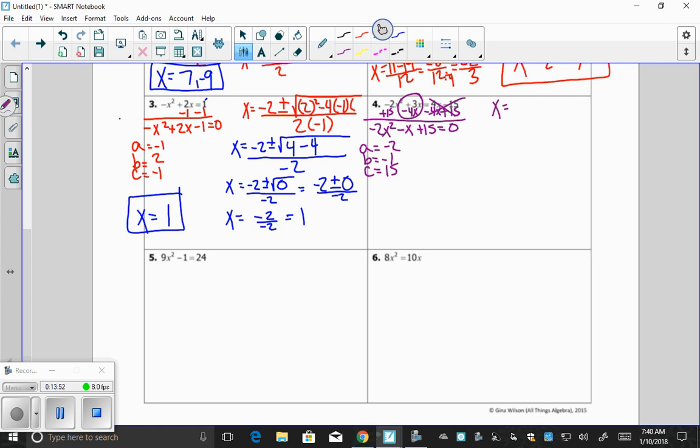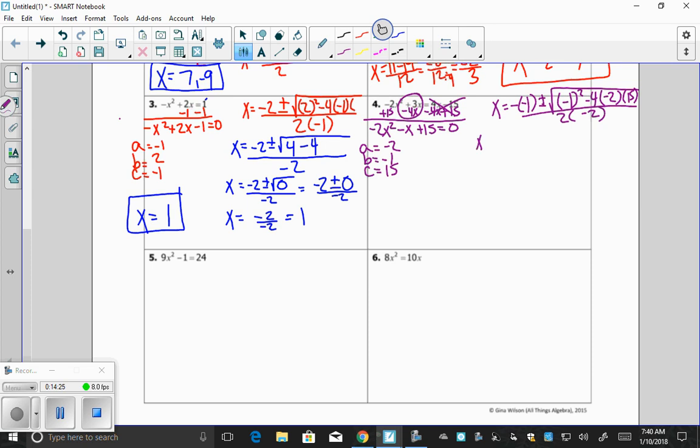X equals the opposite of b plus or minus the square root of b squared minus 4 times a times c, all over 2a. So if you see, it's just a repetition of the formula over and over and over.